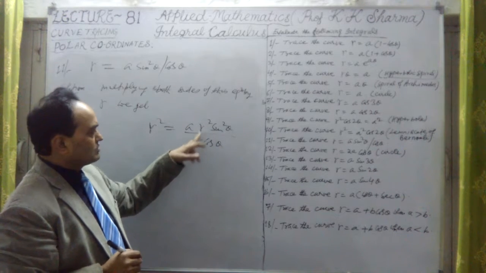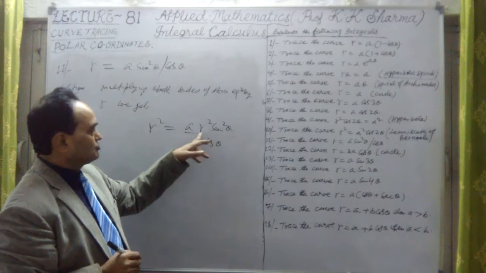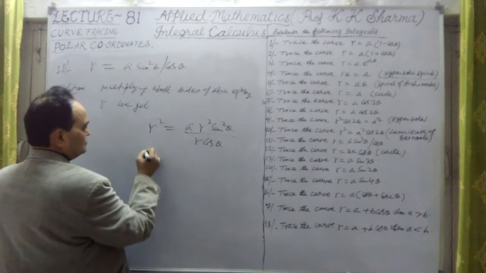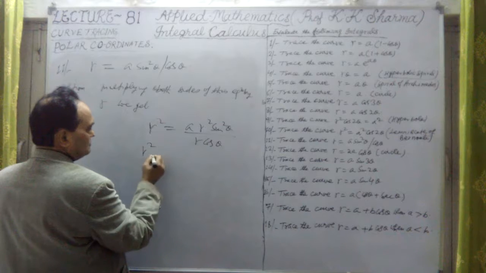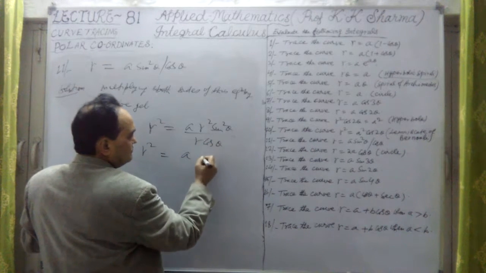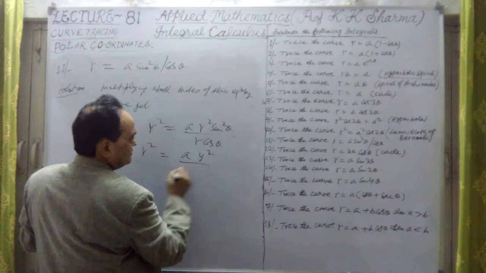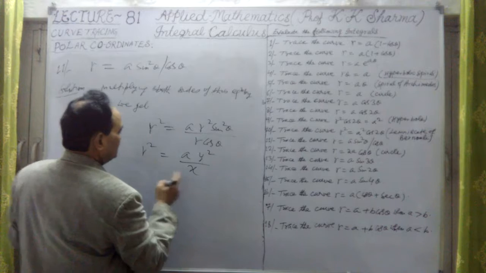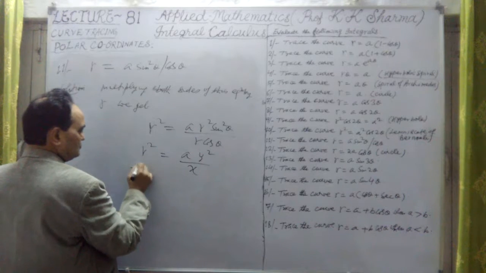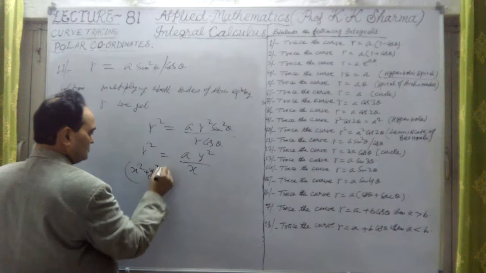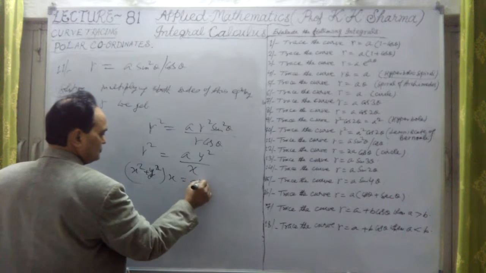Now converting this into Cartesian coordinates, r square is equal to a into y square upon x, where x equals r cos theta and r square is x square plus y square. This gives us, into x, x square plus y square times x is equal to a y square.